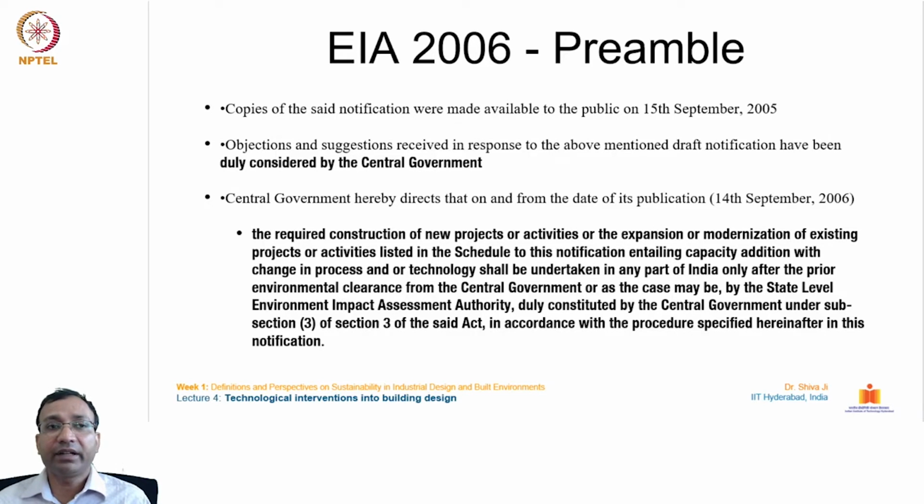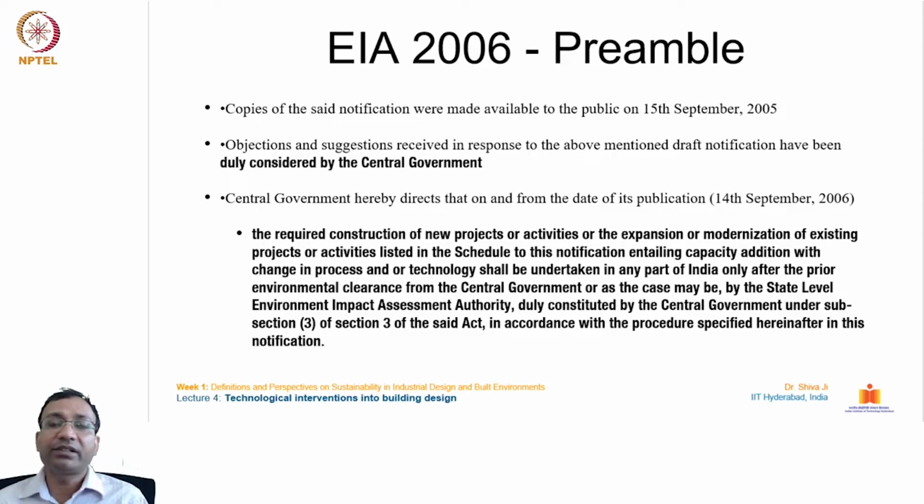So the central government hereby directs that on and from the date of its publication, that is 14th of September 2006, the construction of new projects or activities, or the expansion or modernization of existing projects or activities listed in the schedule to this notification entailing capacity addition with change in process and/or technology, shall be undertaken in any part of India only after prior environmental clearance from the central government, or as the case may be by the state level environmental impact assessment authority duly constituted by the central government under subsection 3 of section 3 of the said act, in accordance with the procedure specified hereinafter in this notification.